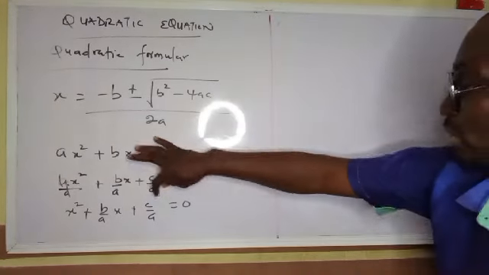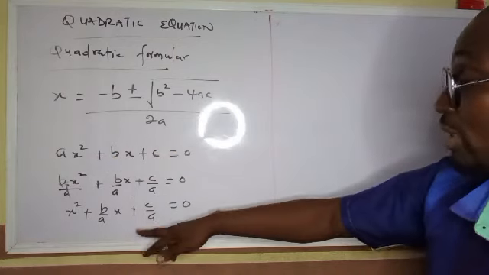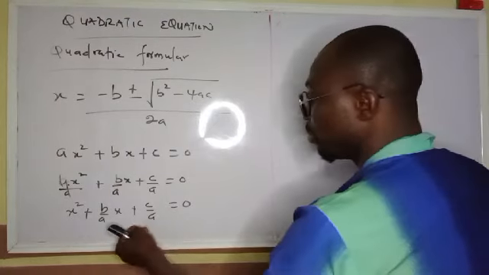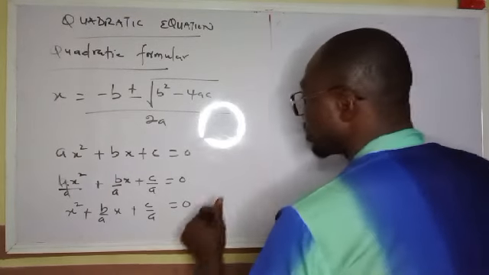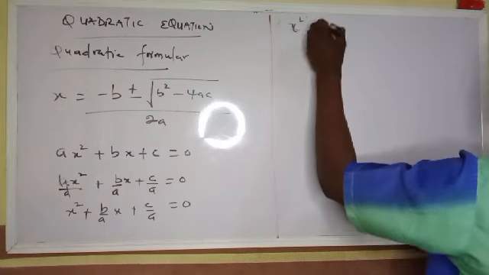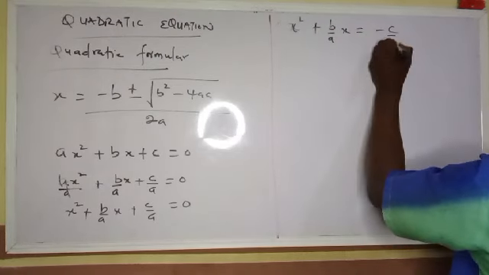The next thing is we are going to move this constant, as we do in our completing the square method. So we move this c over a to this side. We have x squared plus b over a x is equal to minus c over a.